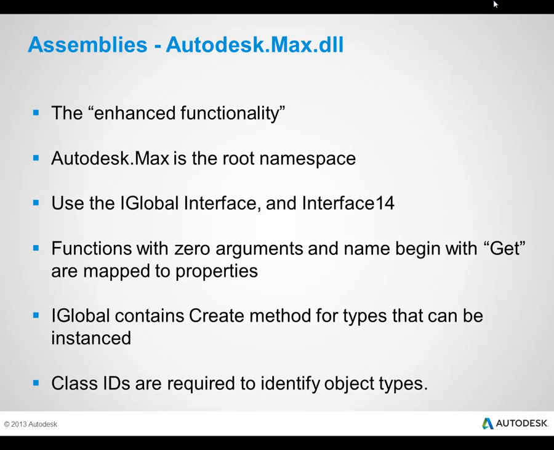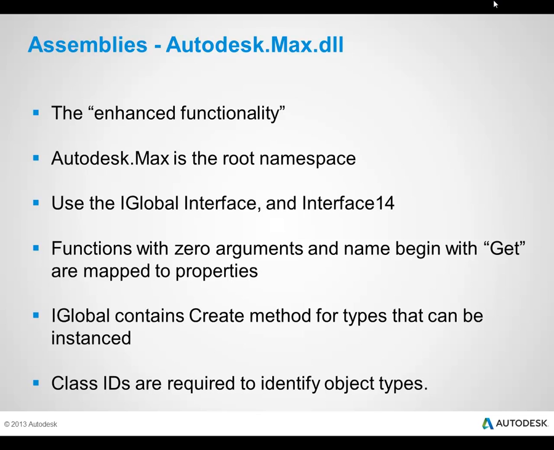Things that can be instanced. So certain types, like for example the Point3 that represents a point structure in the SDK. In order to create those, you have to call a method of create. You can't just say new Point3. Because the memory allocation has to be done on the C++ side underneath.